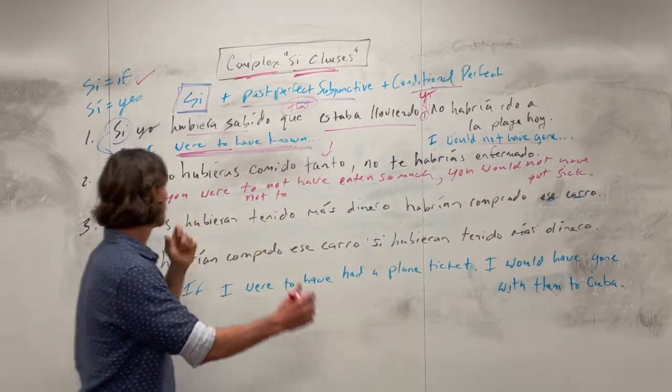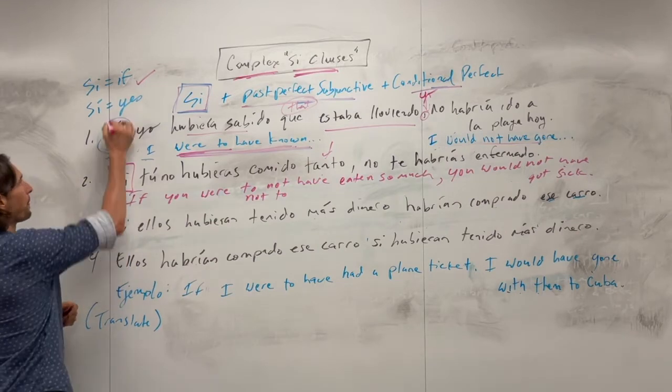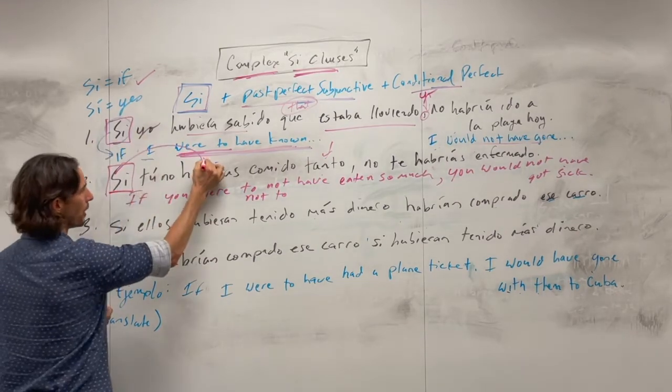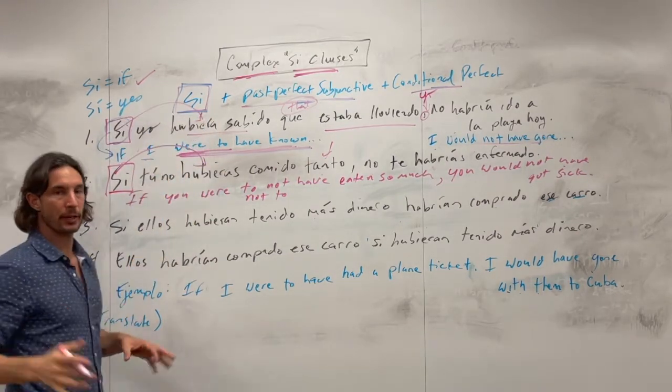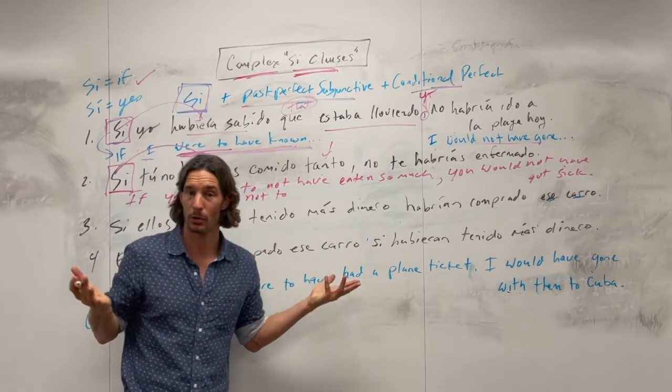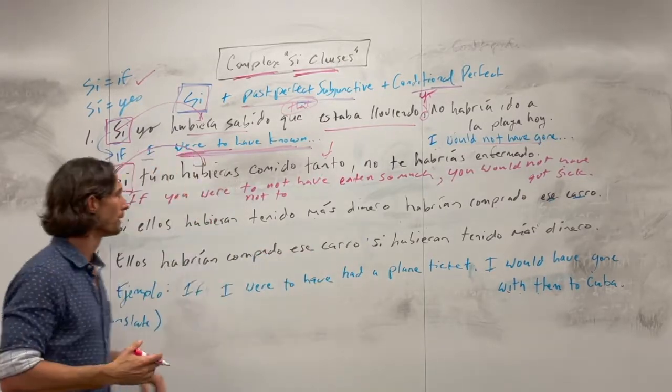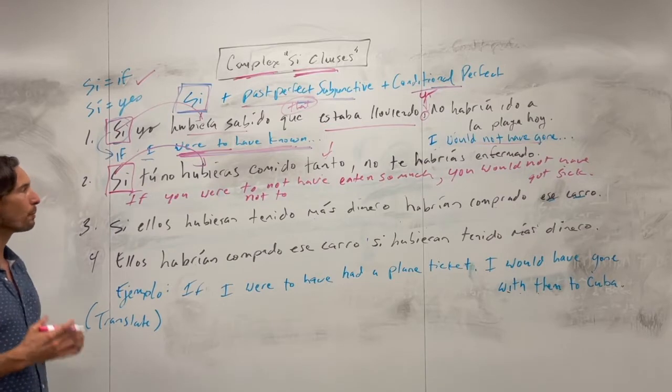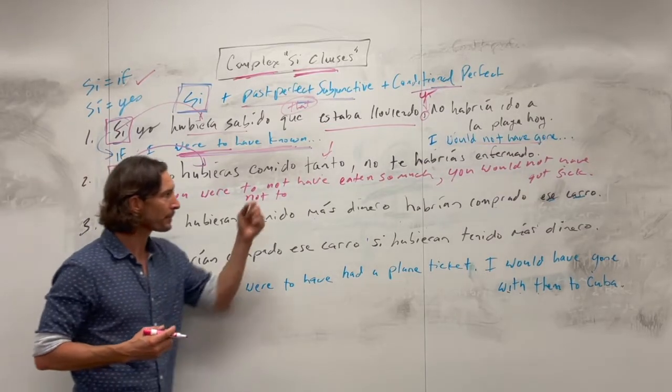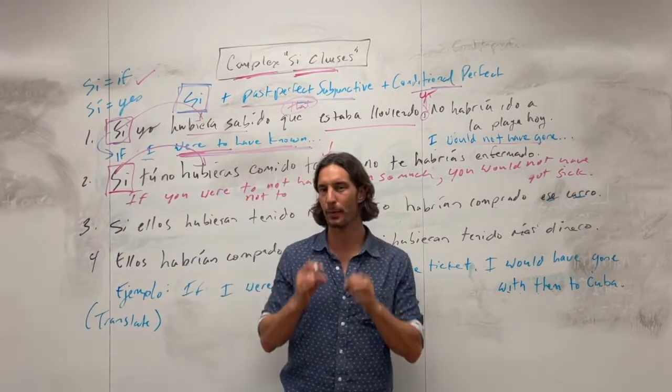And so again, we have the if, of course, it's always accompanying that variation of the past subjunctive. In this case, it's the past perfect subjunctive. So let's break that down.